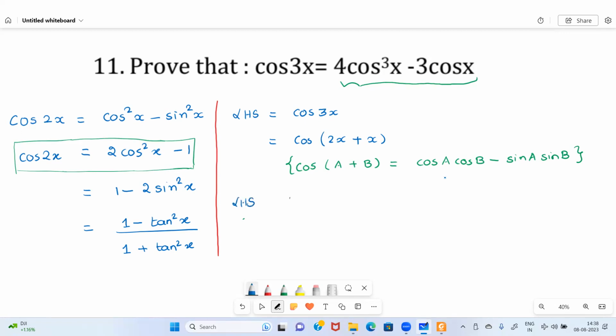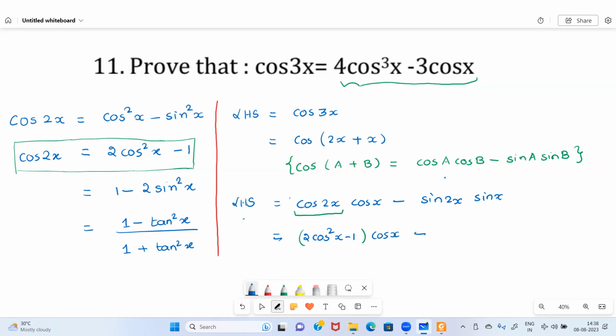So LHS is equal to, so it's like cos of a plus b. So cos a cos b, so it will be nothing but cos 2x into cos x minus sin 2x into sin x. Right, students? Now, what did I tell you earlier? Wherever cos 2x is coming, we are going to substitute it as 2 cos squared x minus 1. Clear? And I have this cos x which is outside.